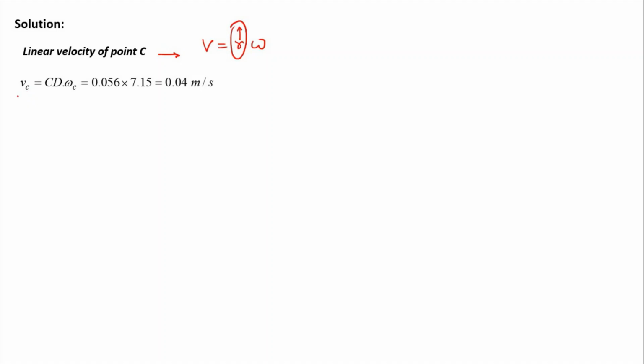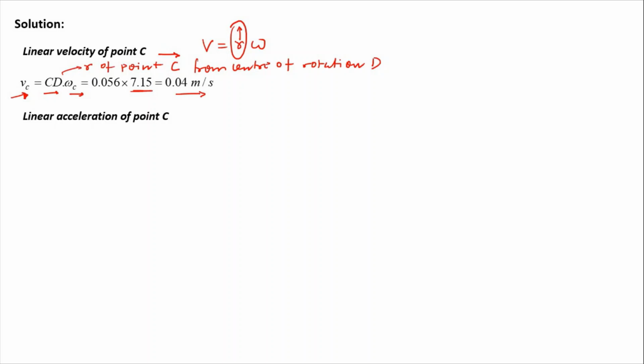So the linear velocity of point C, Vc, is equal to Cd multiplied by omega c, where Cd is this distance r of point C from center of rotation d. Here we can substitute 0.056 multiplied by 7.15, and this will give you 0.04 meter per second.